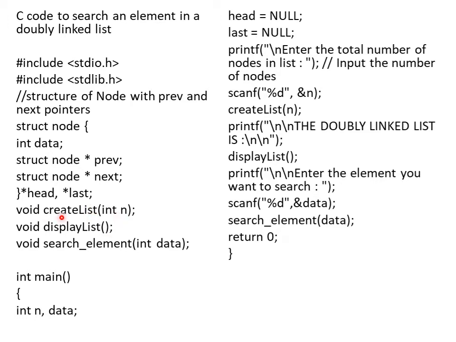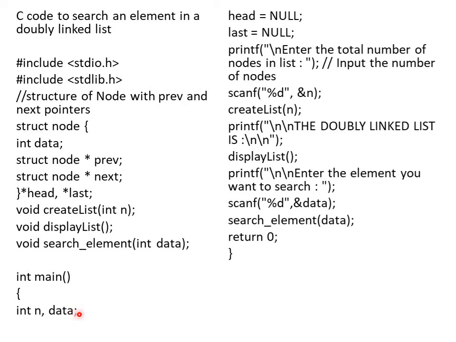That means to identify whether the linked list has ended or not. Now I am taking three functions here. One is for creating, another one is for displaying the elements, and the last one is for searching an element. Display is used two times: once after creating a list and once after searching. Now I begin with the main function.